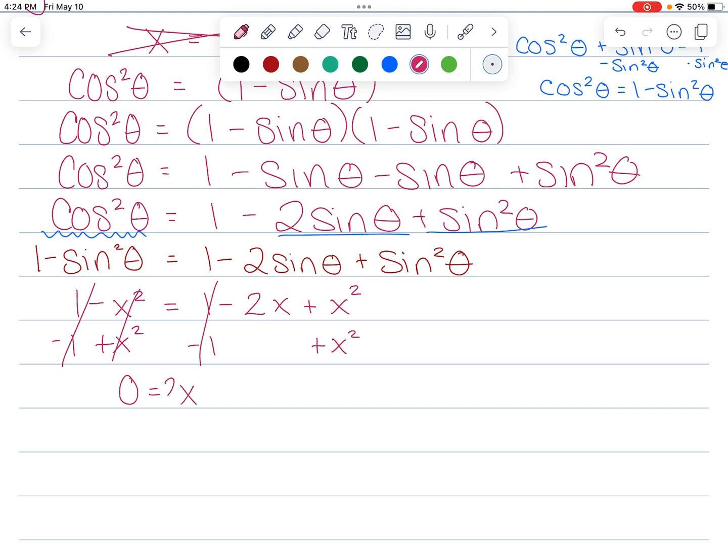That cancels. I'm also going to write it in order, so 2x squared minus 2x. I factor. I break apart.